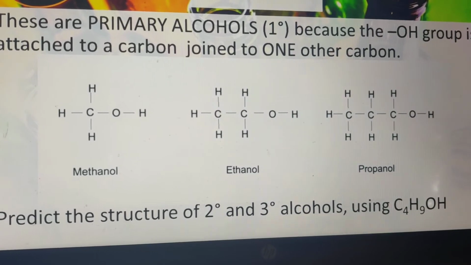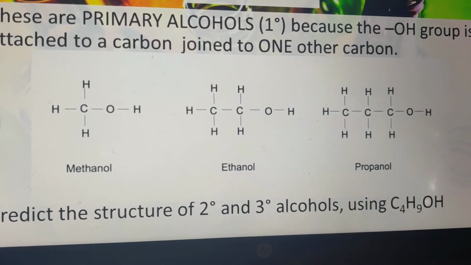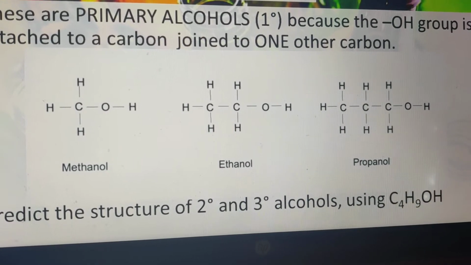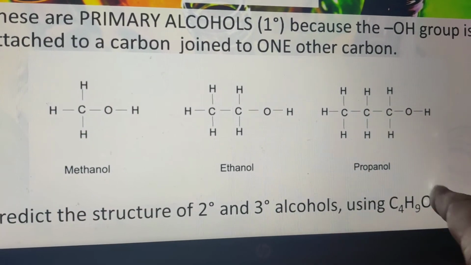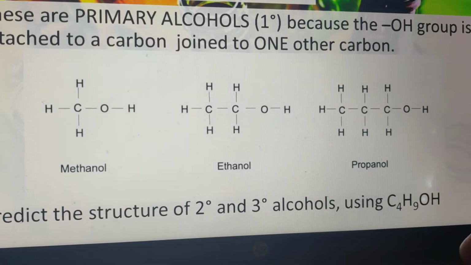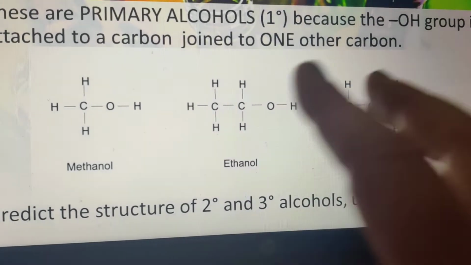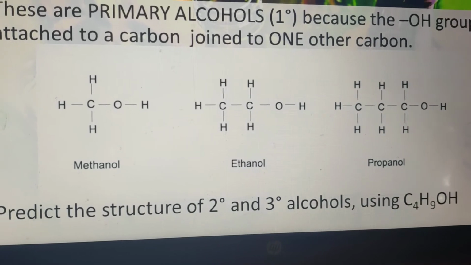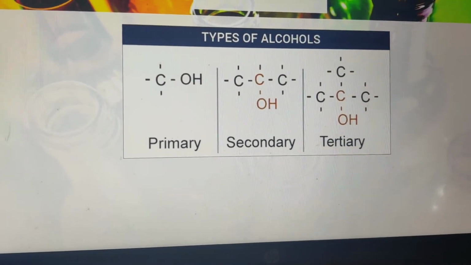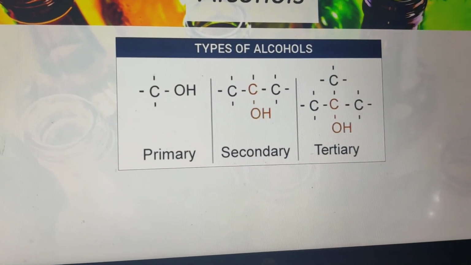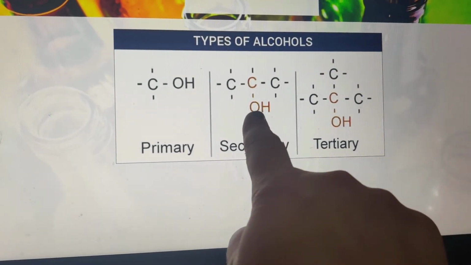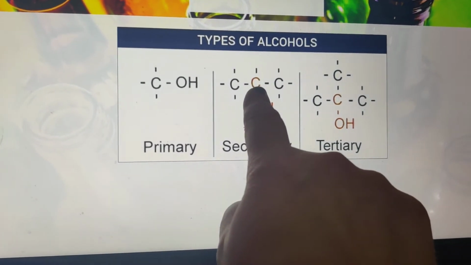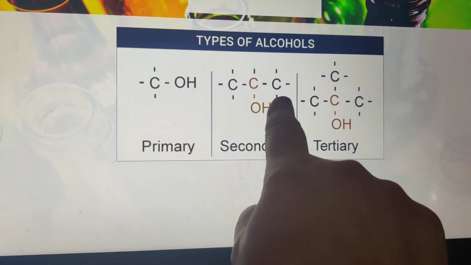So then, predicting the structure of secondary and tertiary alcohols, you can't do secondary and tertiary alcohols with methanol, ethanol and propanol. You've not got enough carbons. Propanol, actually, yeah, you could, but we're going to do it with C4, so butanol. So the way you get a secondary alcohol is to put the OH in the middle of a chain. So the carbon it's attached to is attached to 2 other carbons.